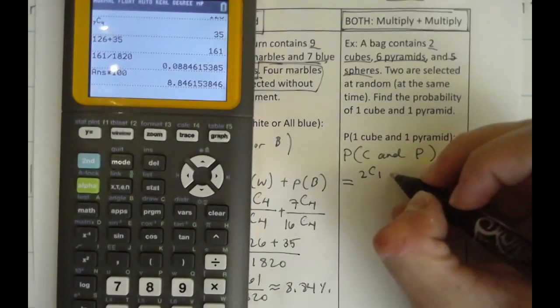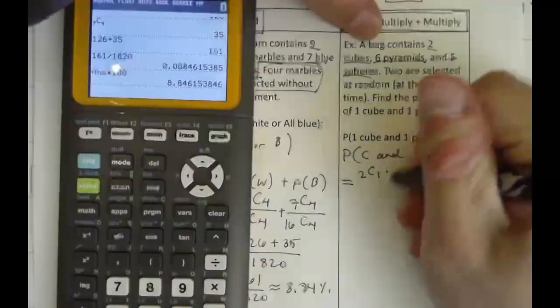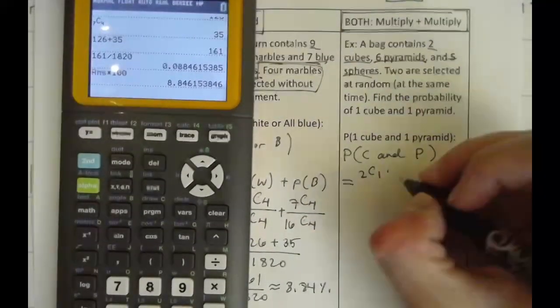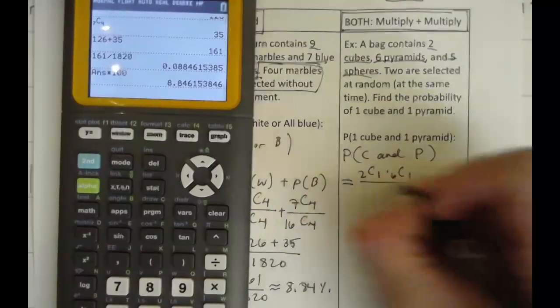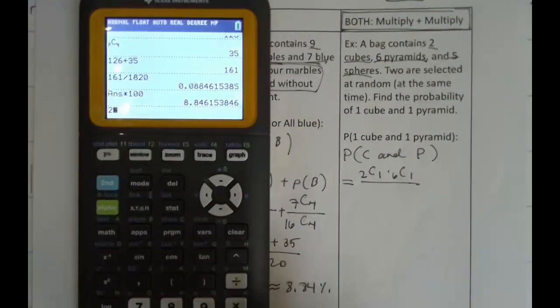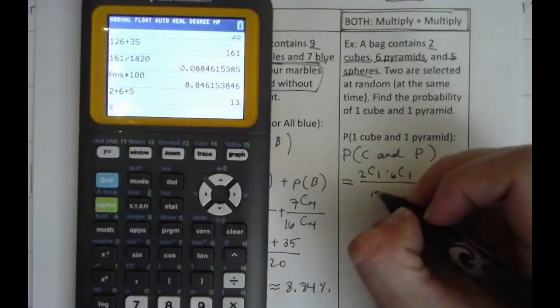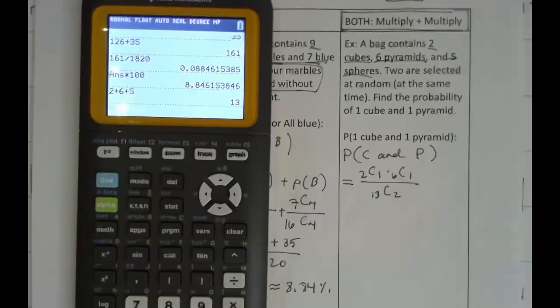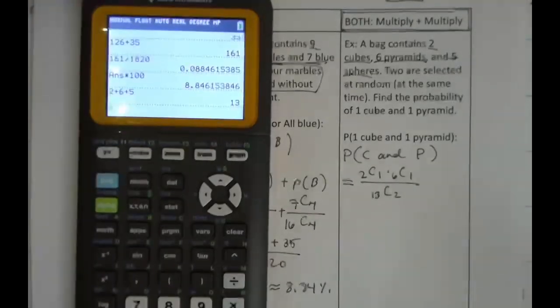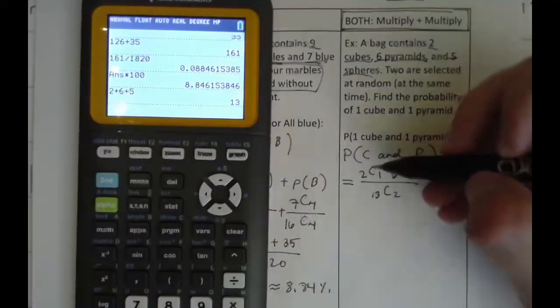And from the 6 possible pyramids, choosing one of them. And the total here, there are 2 cubes, 6 pyramids, 5 spheres, for a total of 13. So there are 13 choose 2 ways to do the first thing, but you could add, right?